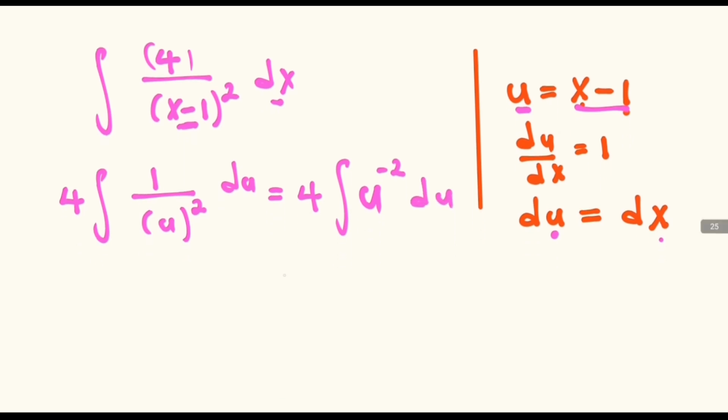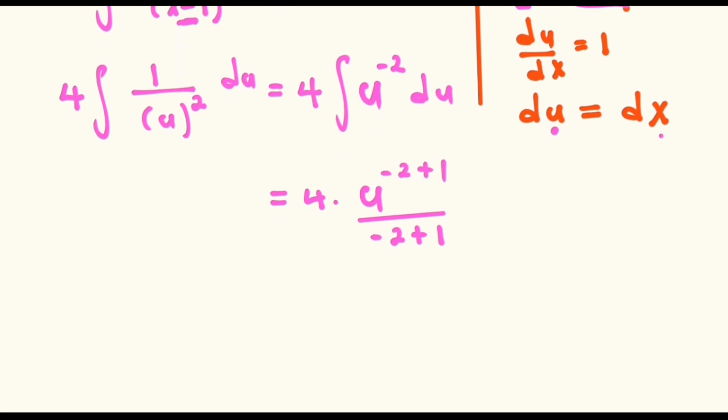So the integral of u raised to the power negative 2 with respect to u will be equal to u raised to the power negative 2 plus 1 divided by negative 2 plus 1.